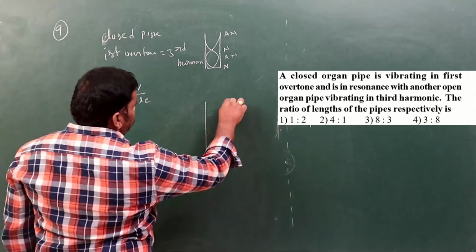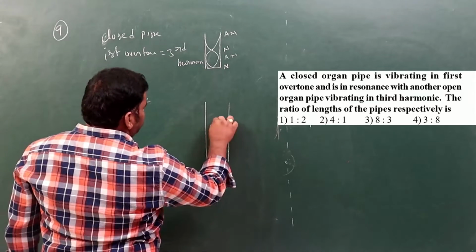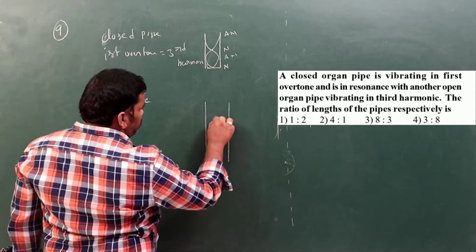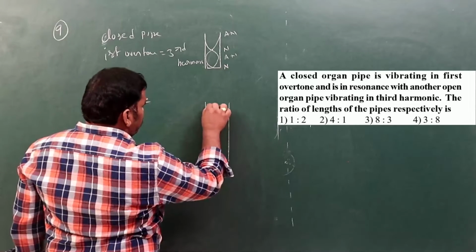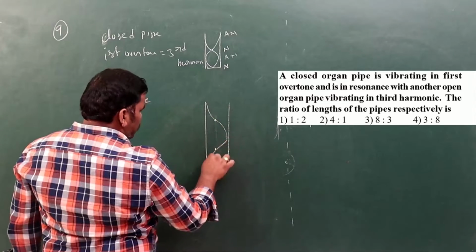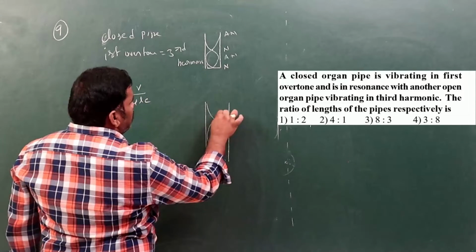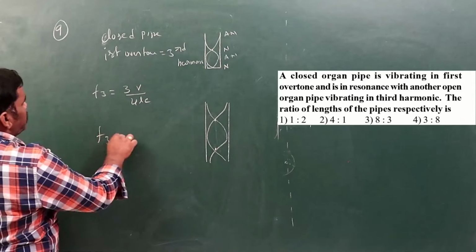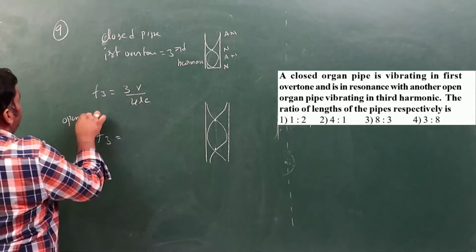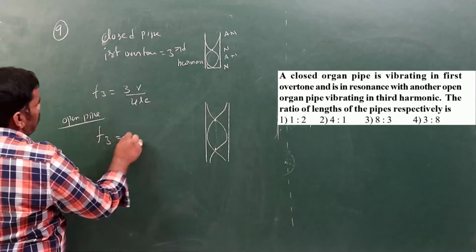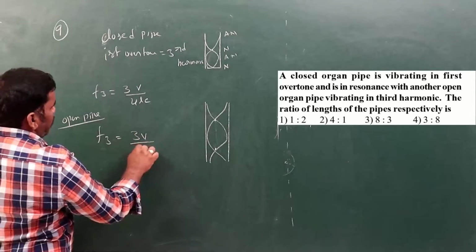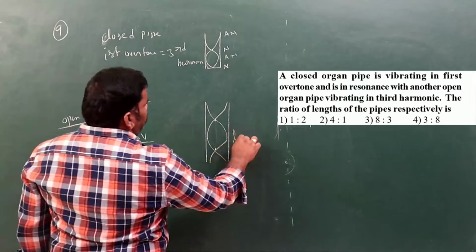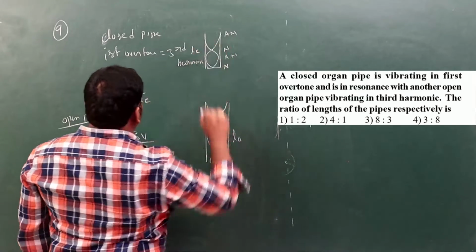Open pipe. Like this. So third harmonic of open pipe F3 is equal to 3V by 2L0. This is the length of the open pipe. This is the length of the closed pipe.